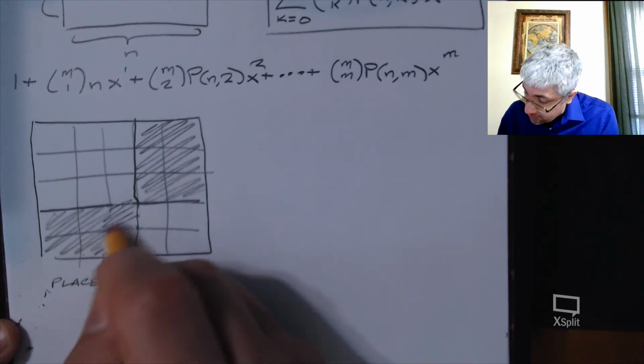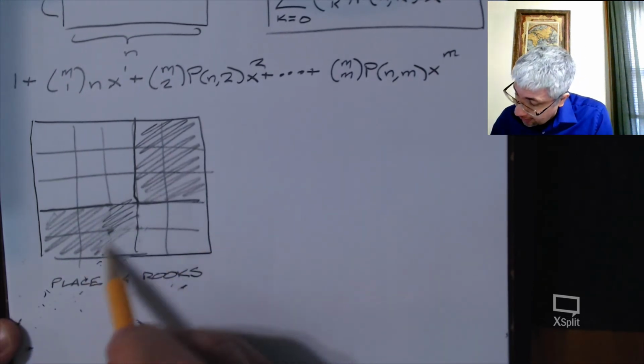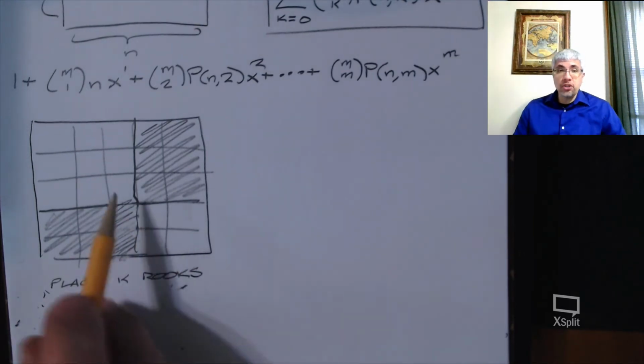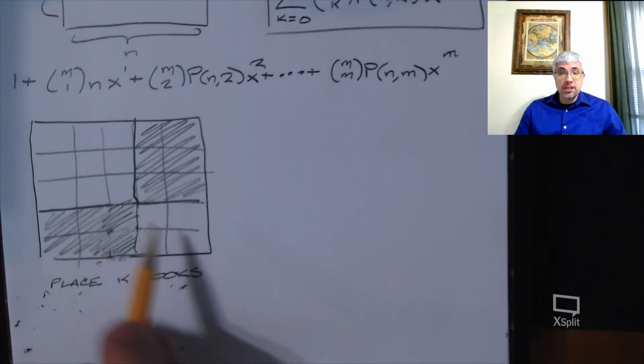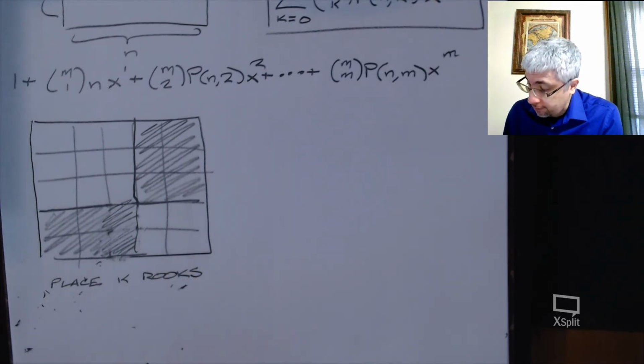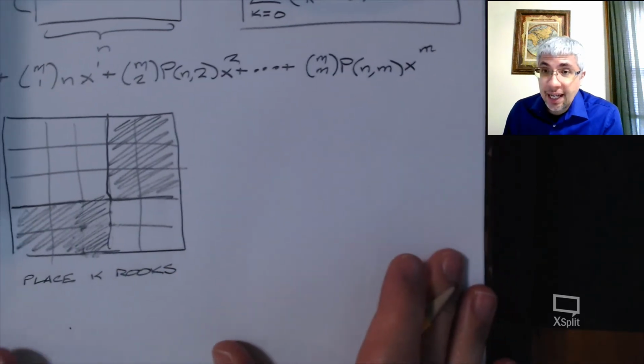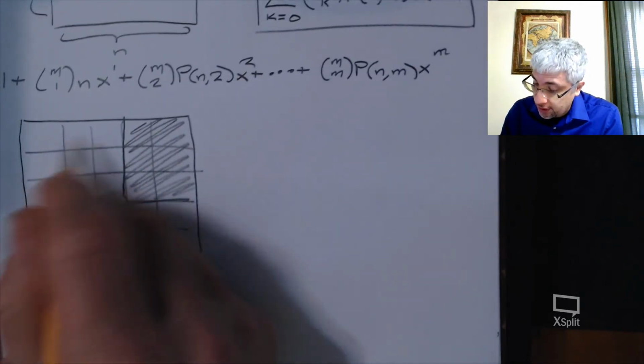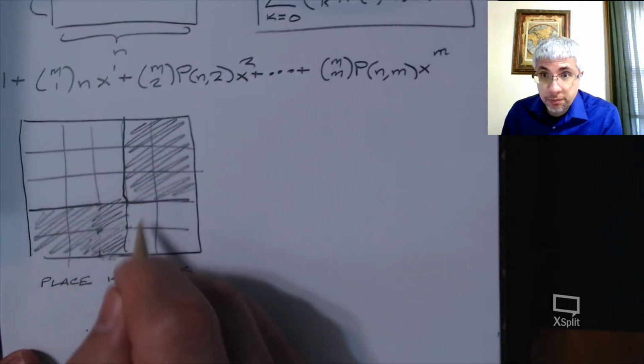But in this sort of situation, we could say the choices for one don't affect the choices for the other board other than the number of rooks which are left.